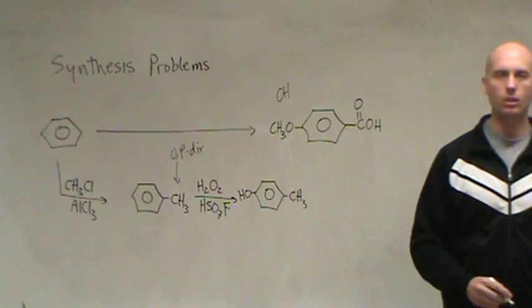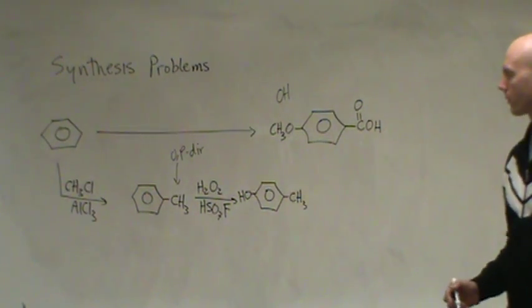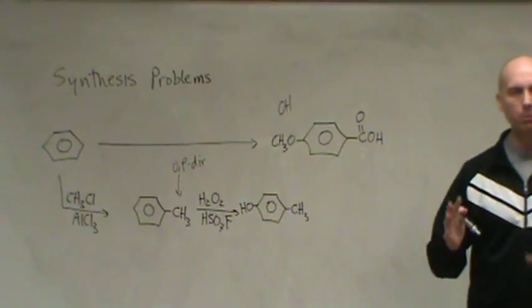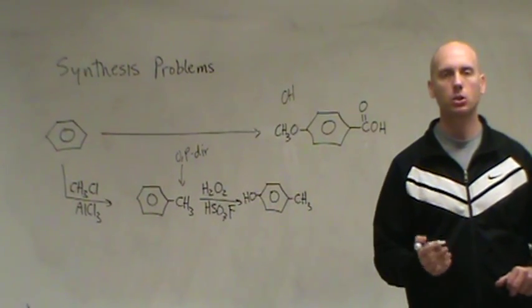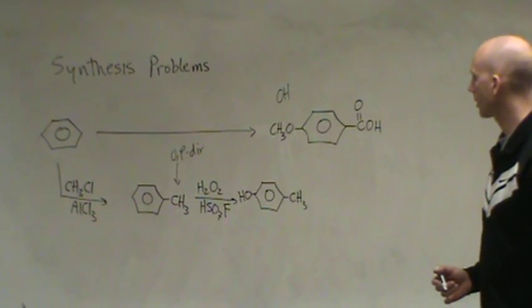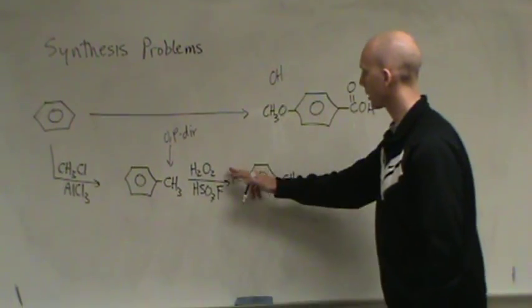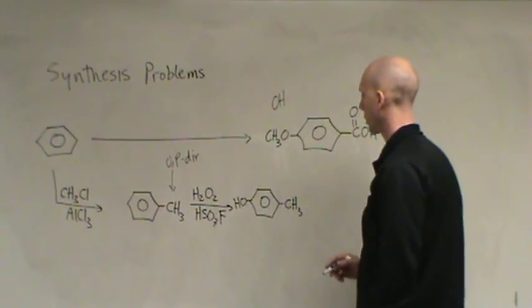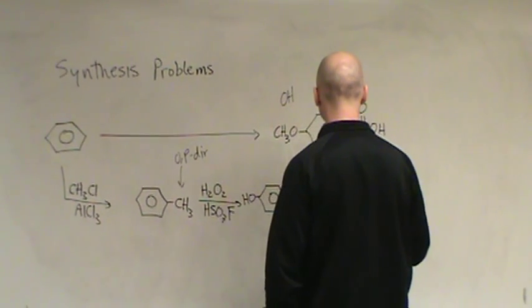And that puts on the OH, para. We also get the ortho isomer, but we don't care about that, so we can just discard that one. Okay. Next, let's proceed to make this the OCH3.